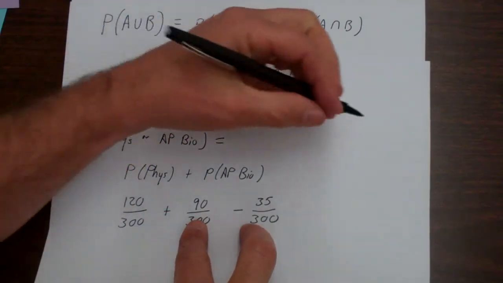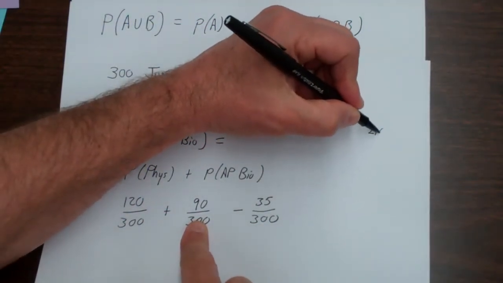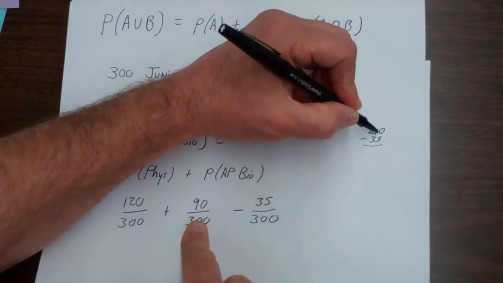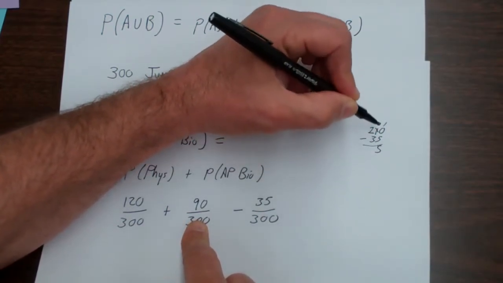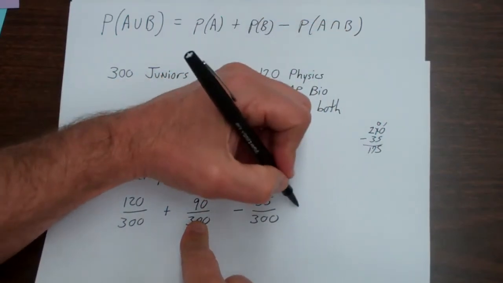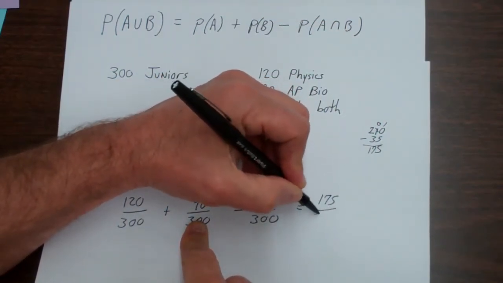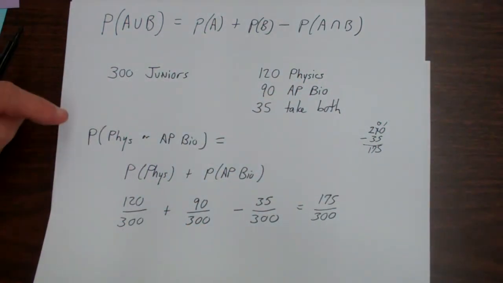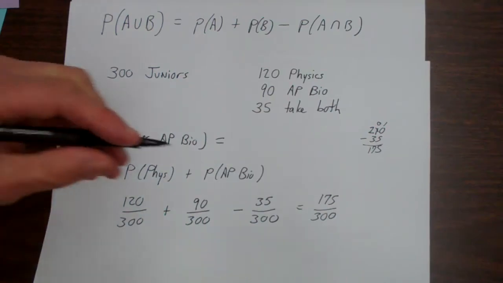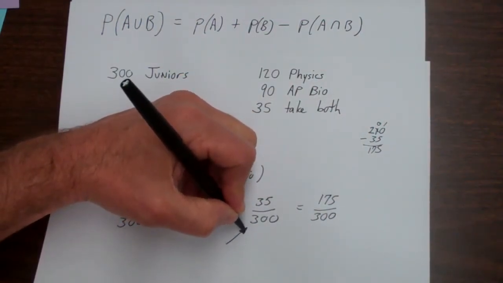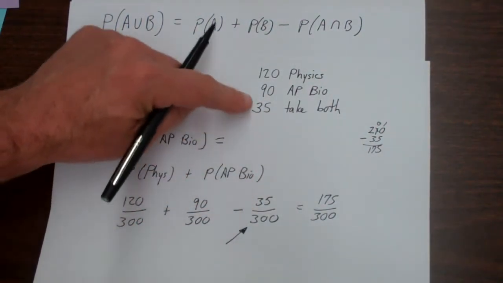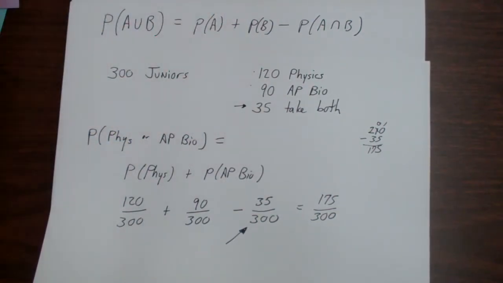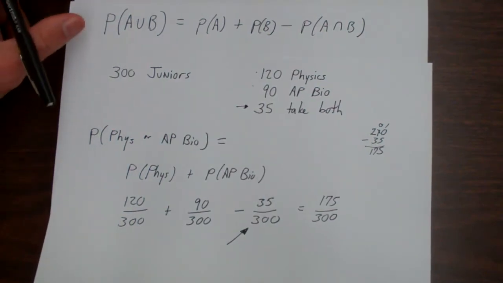That's 210 minus 35, that's 175 over 300. And that's your probability. The key element here is subtracting out the 35, because if you don't, you're double counting students in physics and AP bio.